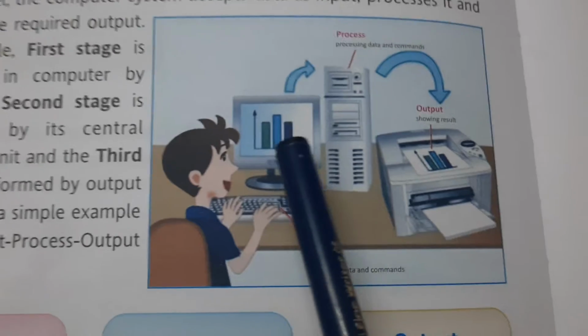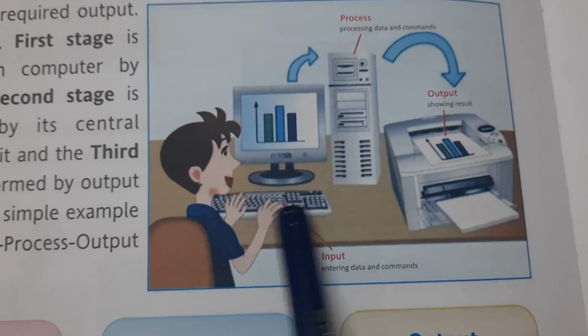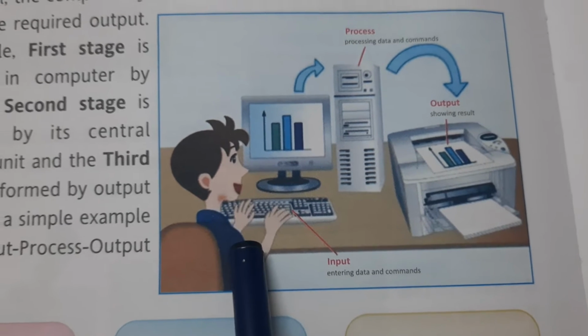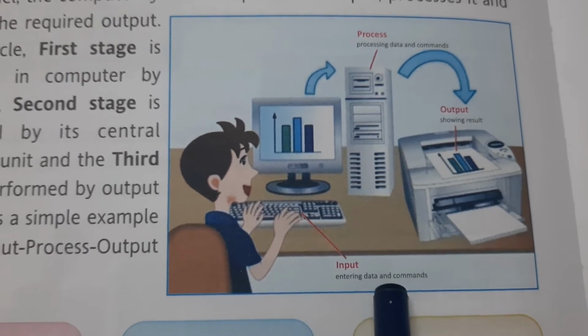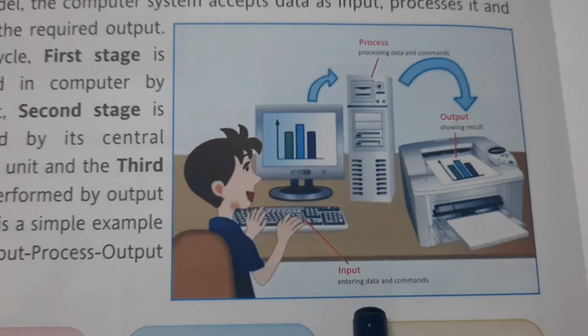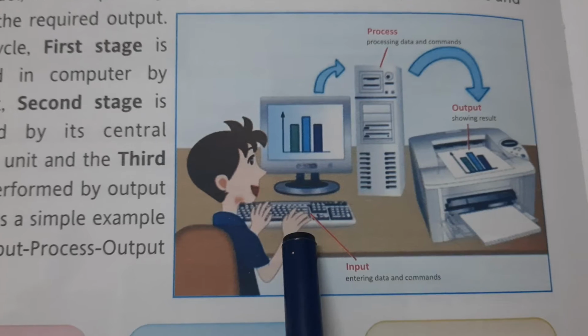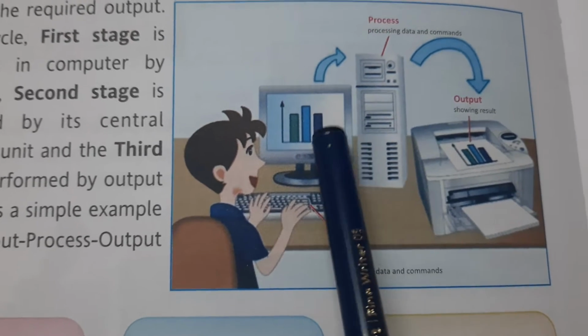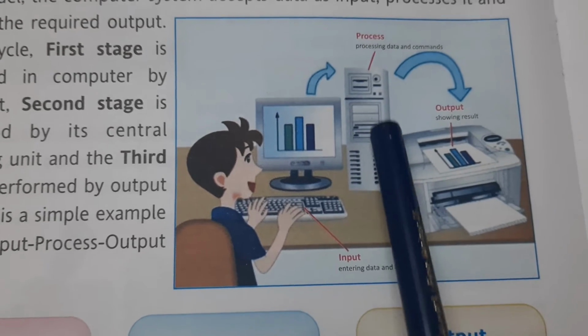Okay, so here you can see a picture of how the input is being done. The input is done by the user, and that user can be you or me. He is entering the data and commands, means he's entering the instructions what to do with the data. Then as per the commands, the processing is done in this box.